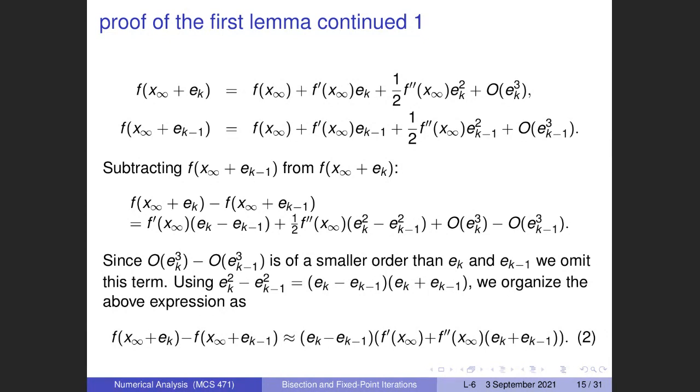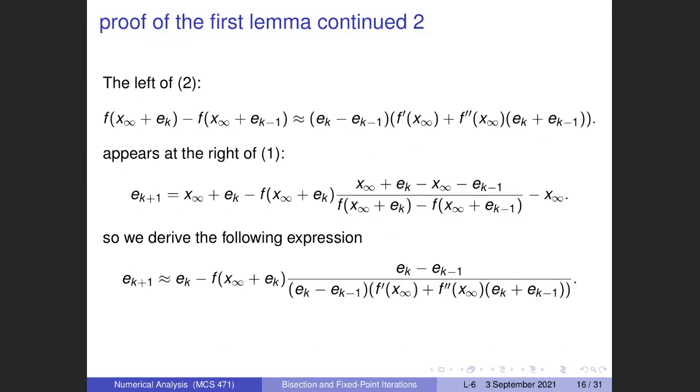I can't really show these next to each other, but I use these two expressions for the derivation of a next expression. So you can see that the error in the k+1 step depends on the error of the kth step and also the error of the k-1 step.